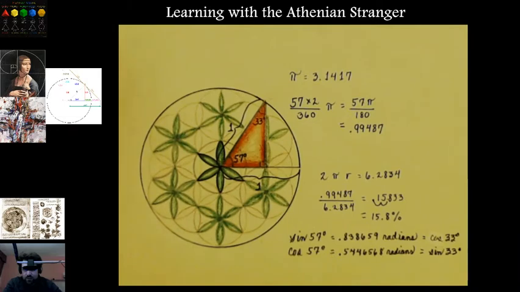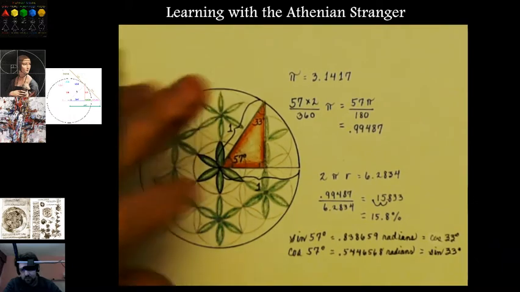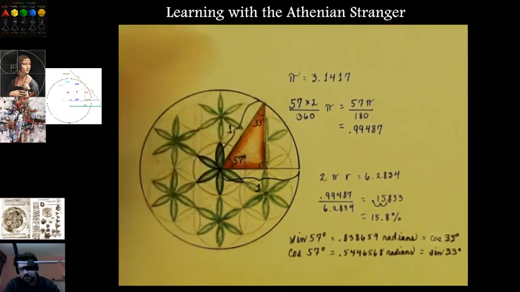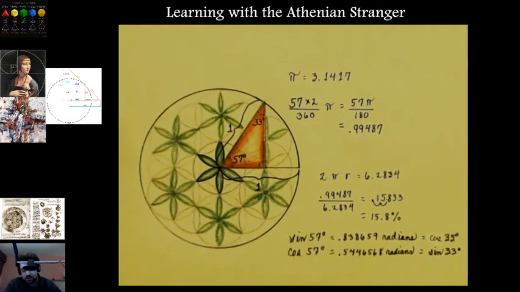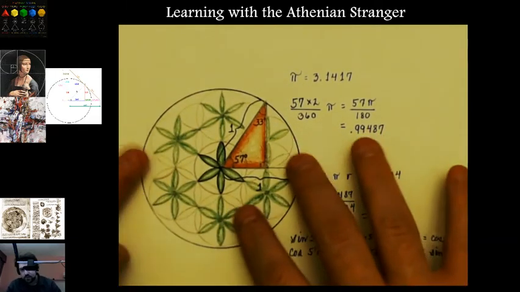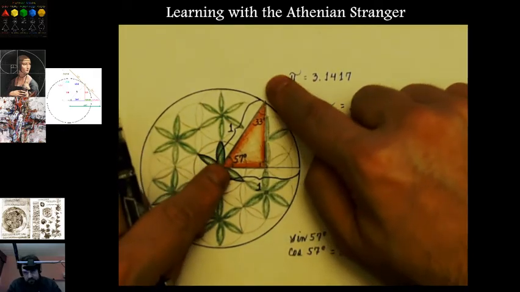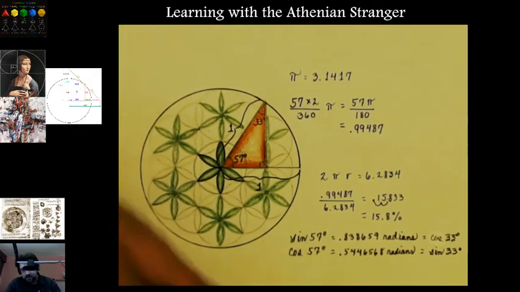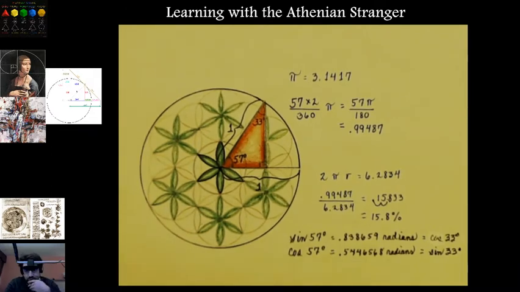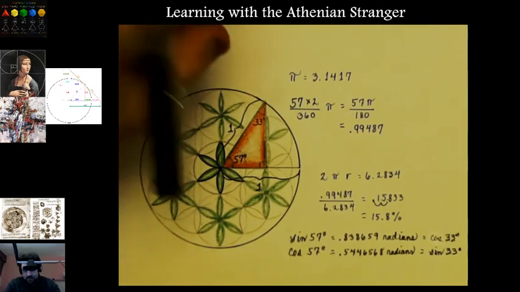We don't know how high the wall is, but we know that we're standing 48 meters away from it and that we're making an angle to the wall of 57. We want to know what that height is right there. So we don't know that. And remember, we're working with a unit circle of radius 1 here. And now we're scaling up. We don't know the scale factor yet, but that's okay. We can find it very easily.